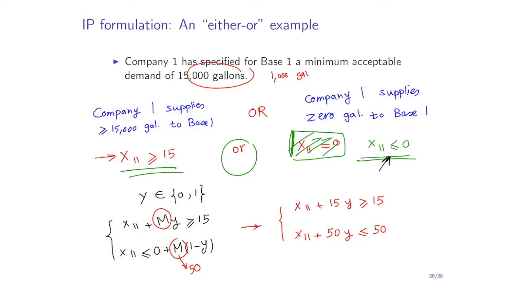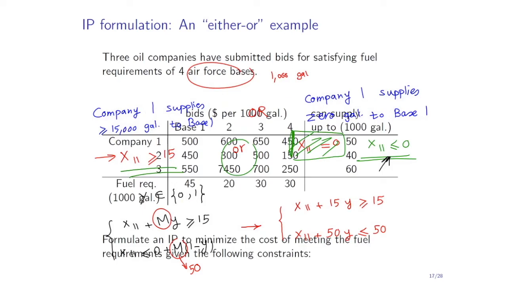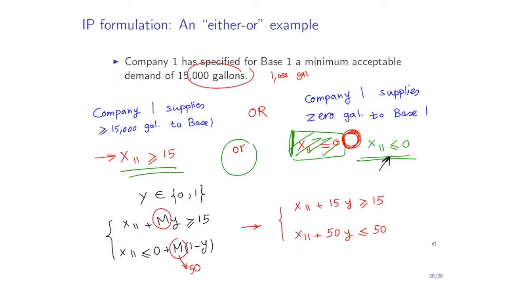It is obvious that x11 cannot exceed 50, the supply capacity of company 1. So x11 less than or equal 50 is a redundant constraint. The capacity constraint that we have included in our formulation makes sure that 50 is enough.